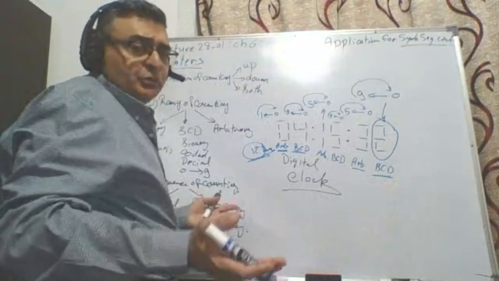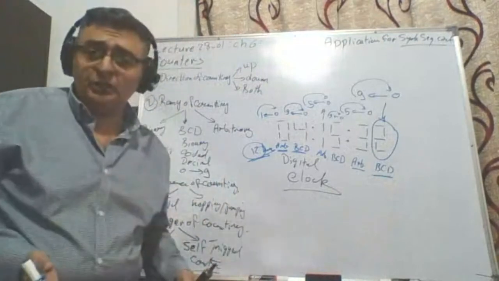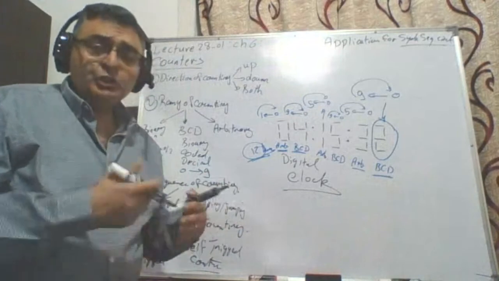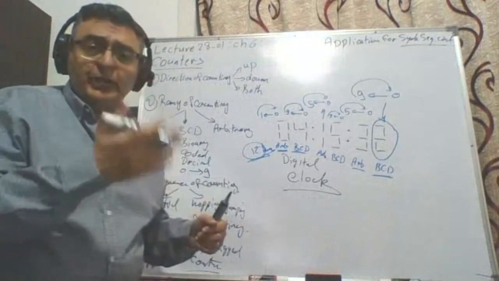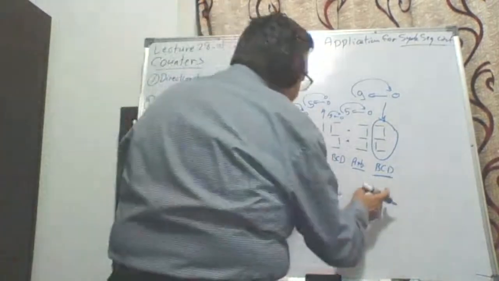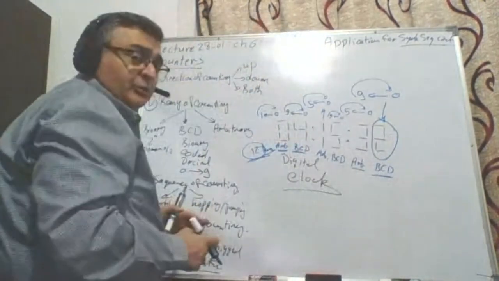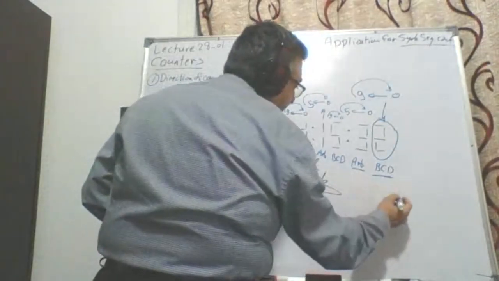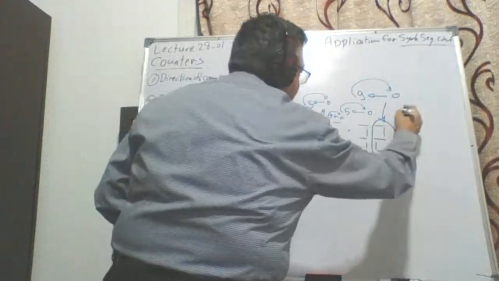This is a synchronous sequential circuit, so it's connected to the clock. So I am driving the circuit to excite it from one count to the next. I can design all of those 6 counters using self-triggered counters.